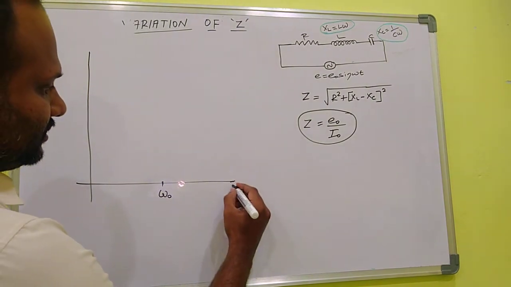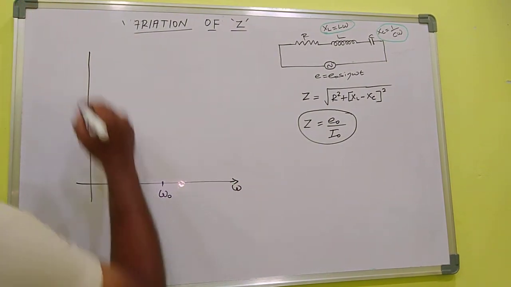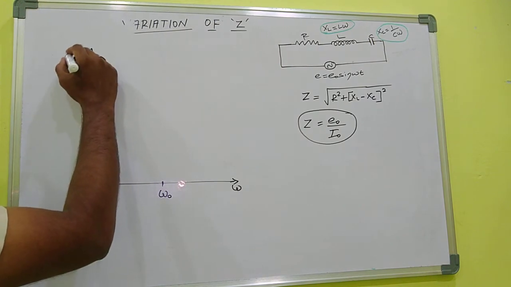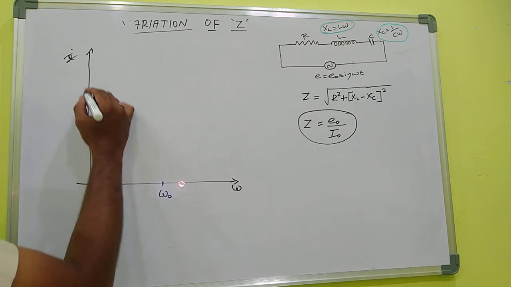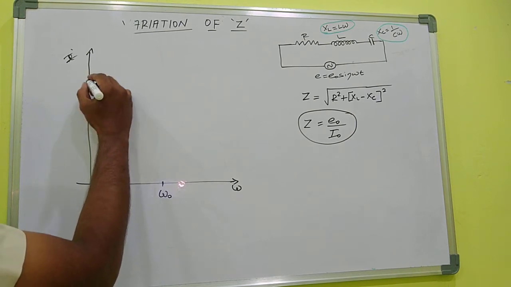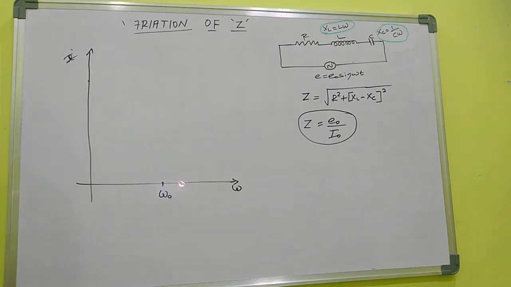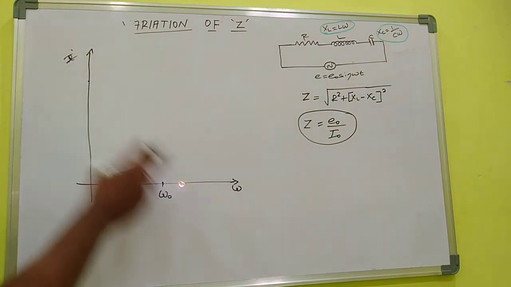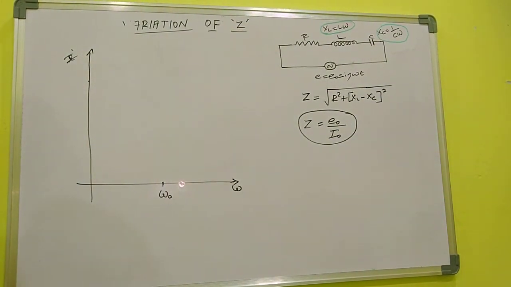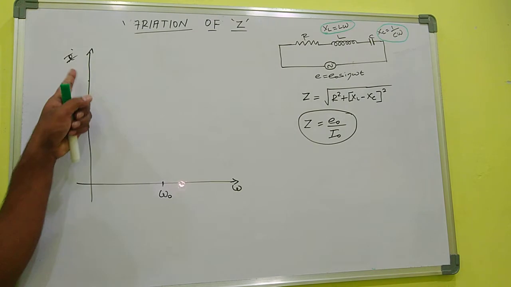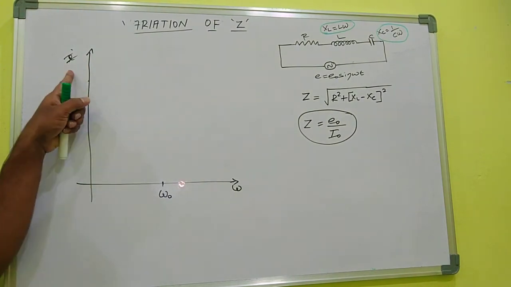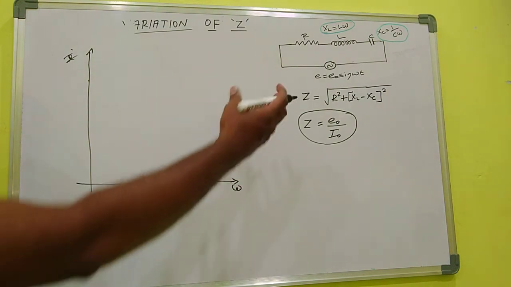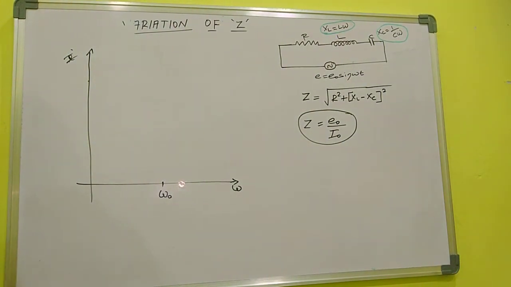On the x-axis is omega, on the y-axis current is taken. This is I naught. Take a graph, draw a graph between omega and I. Omega is the applied angular frequency. I is the current passing through the circuit.